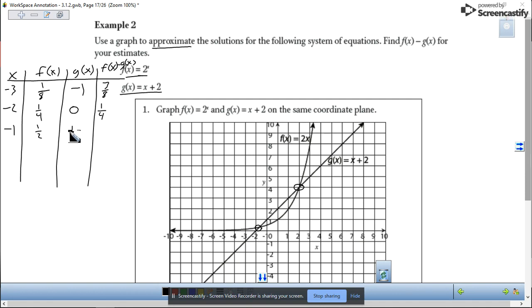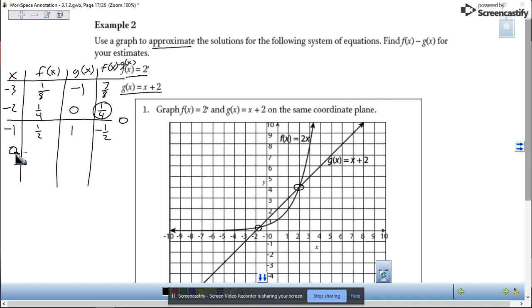So when I do 1/2 minus 1, I get -1/2. All right, so somewhere in here, we have a 0. That means somewhere between -1 and -2, we have an intersection point. And as you can see in the graph, it's approximately -2. The way you can tell the difference here is that this one is closer to 0 than the -1/2 is. All right, so let's keep going though.